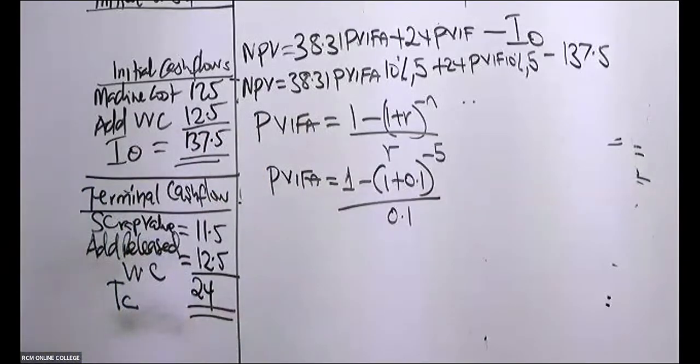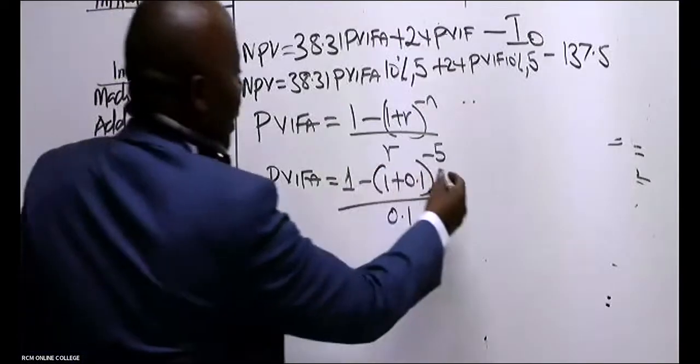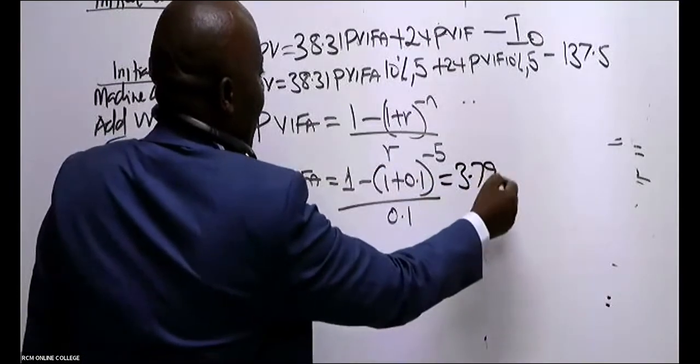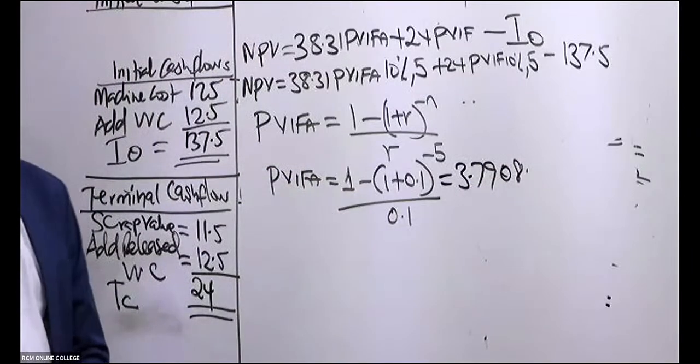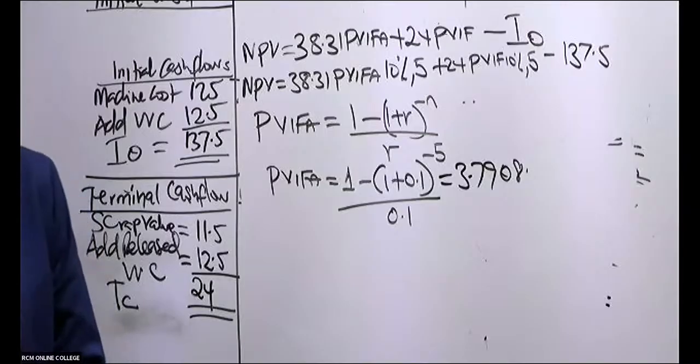Somebody known as Lincoln is getting 3.7908. Is there somebody who is able to get this figure? 3.7908 for PVFA. Nekesa has confirmed.